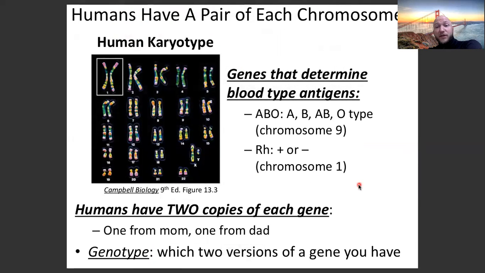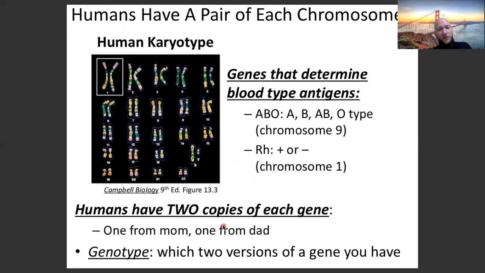Genes determine what your blood type is. On chromosome 9, there's one location that will code for A, B, or O type blood. And on chromosome 1, there's one location that will code for the RH plus or minus.